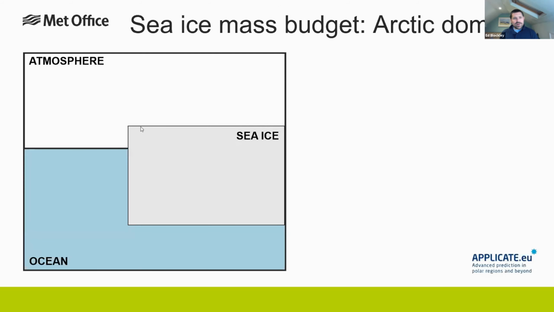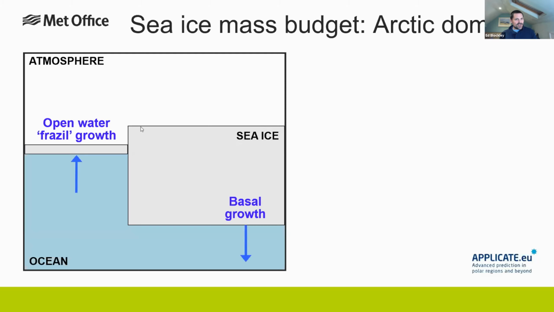So very briefly, I'm just going to outline the sea ice mass budget. This, of course, is a big chunk of sea ice sat between the ocean and the atmosphere. That's what it all looks like. The ice grows by basal growth, or it grows by fresh ice in open water.